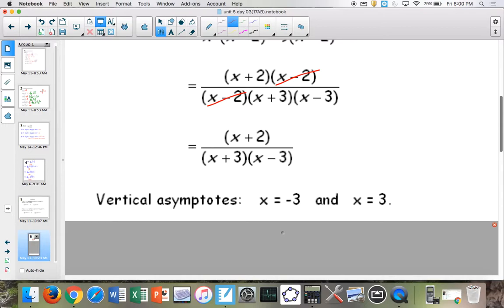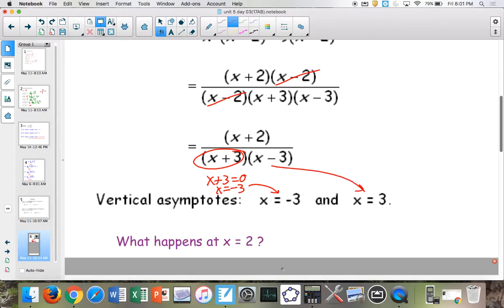Therefore, we're going to have vertical asymptotes at x equals negative 3 and x equals positive 3. What's going on at x equals 2?